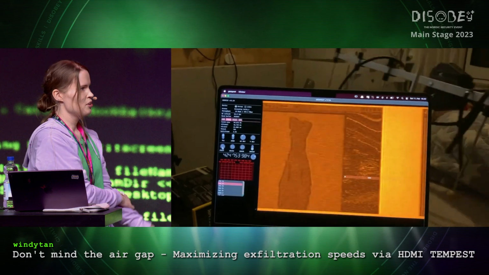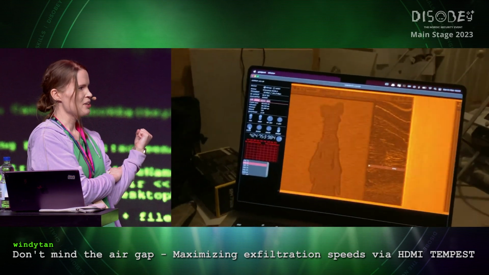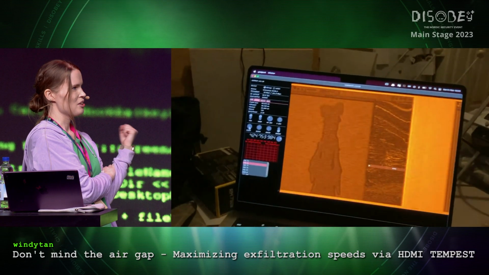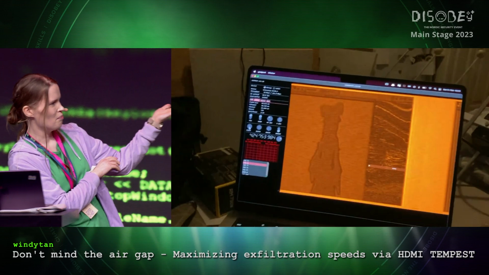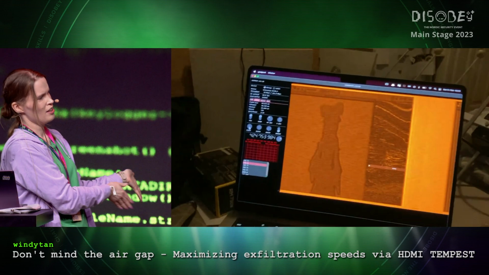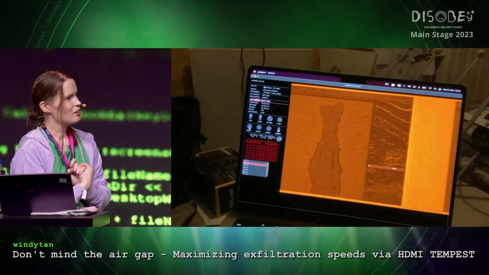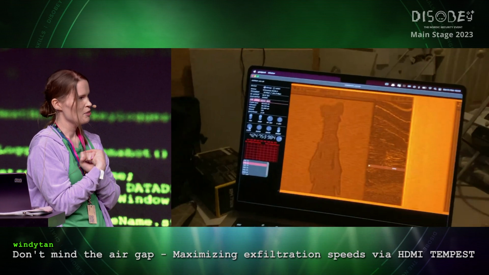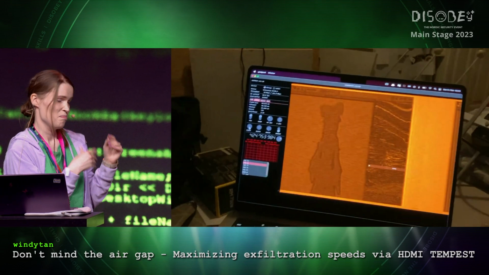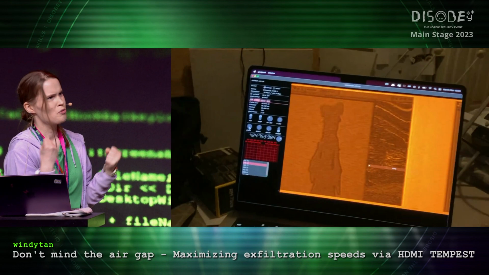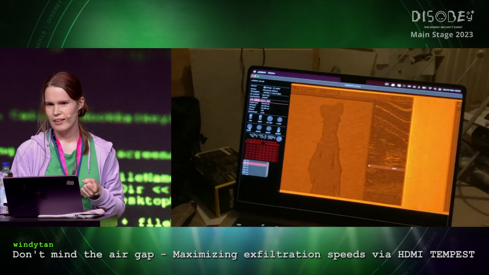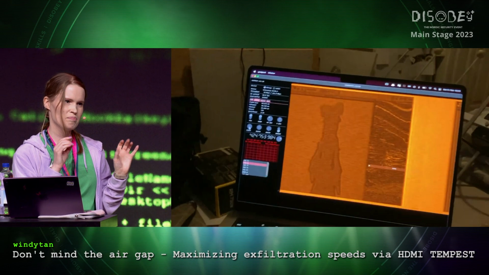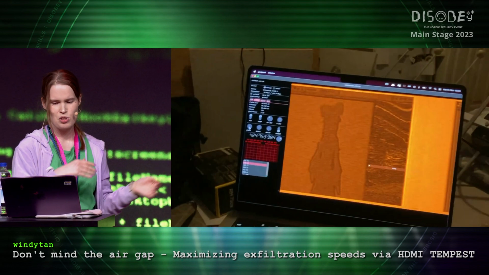But how could we use this for transmitting something ourselves? I mean, this is just some very noisy, distorted stuff. Could we make some sort of protocol that would use the colors to transmit bits? The problem is that I don't know the absolute amplitude, what it's supposed to be.